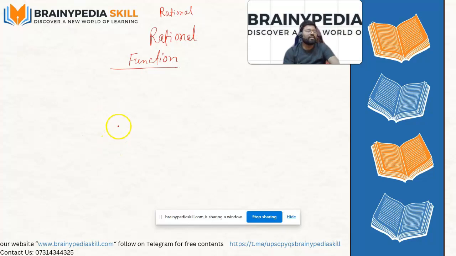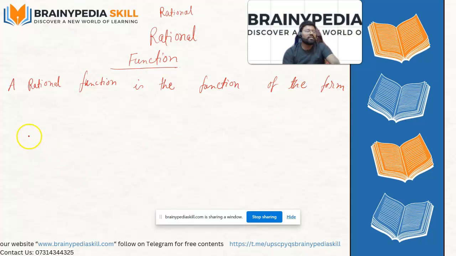So under rational function, consider a rational function. A rational function is the function of the form y equals f of x by g of x.